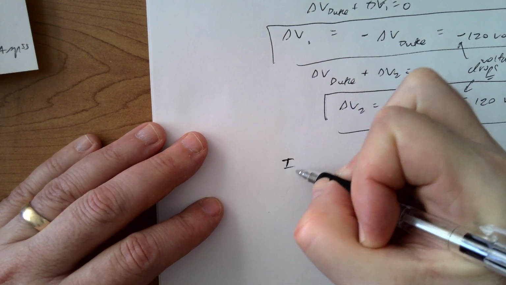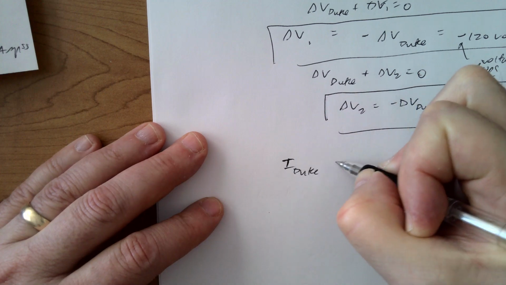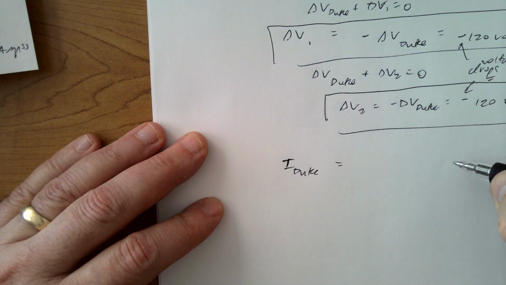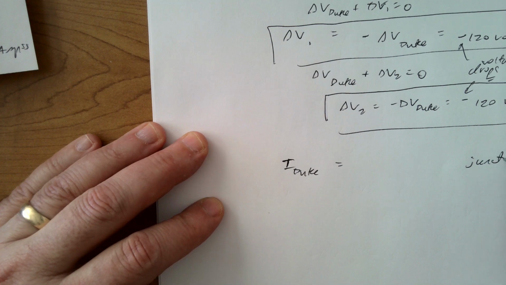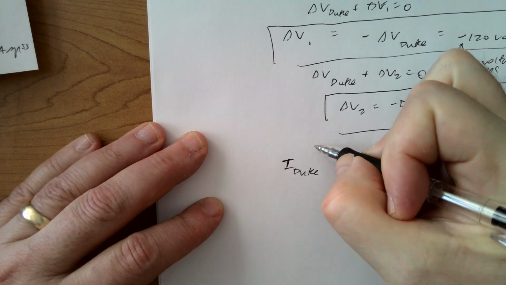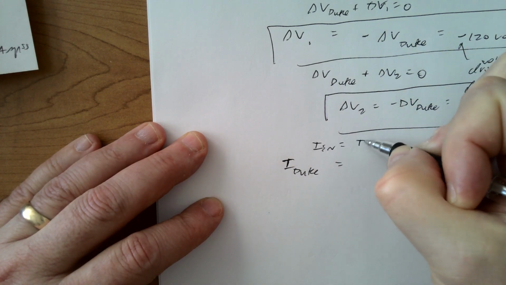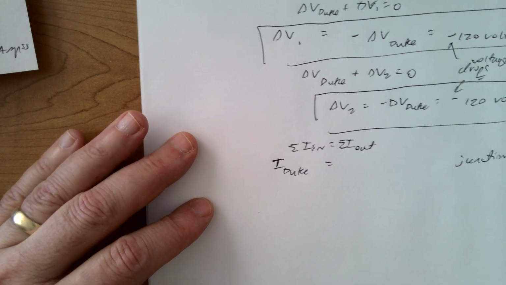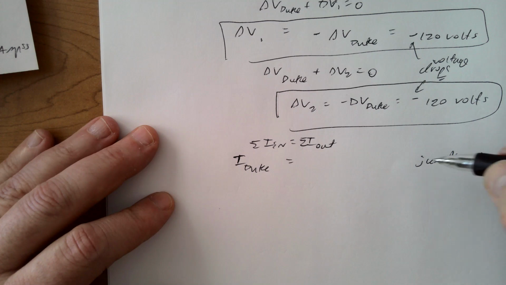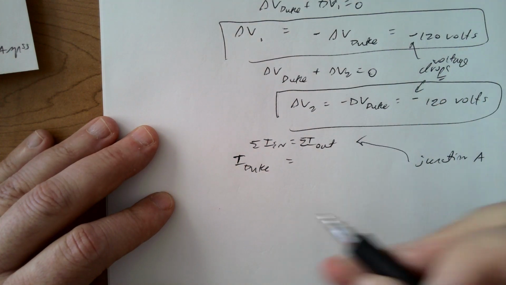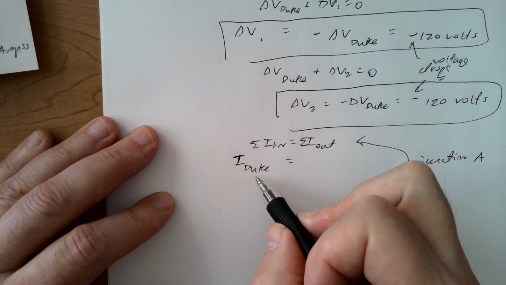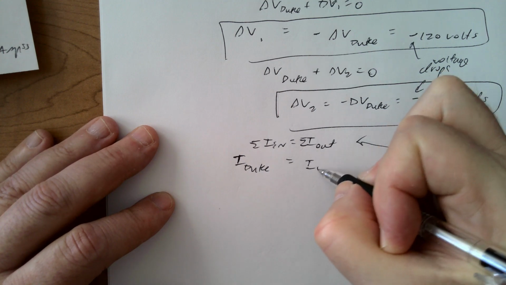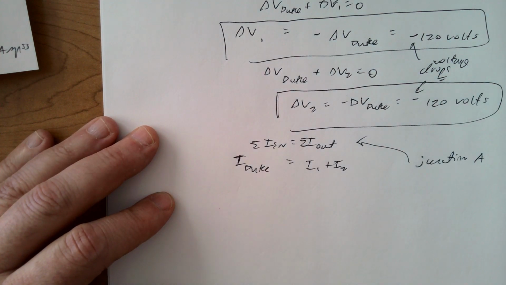How about I of Duke? That was not known. Well, from the junction rule, if you look at junction A or junction B, I in equals I out. If I add all the currents going into a junction, it must equal the sum of all the currents going out. Well, the current in at junction A is I Duke, and the current out is I1 plus I2.